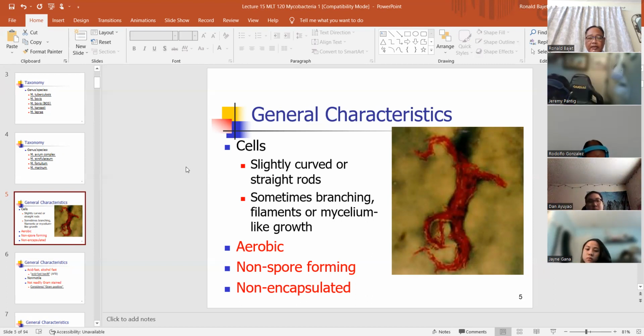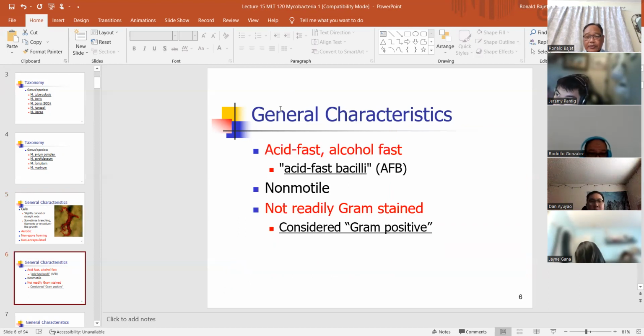So these organisms are slightly curved or straight rods, sometimes branching filaments or mycelium-like growth. They're aerobic, and they don't form spores, and they don't have capsules. So acid-fast means that it's able to take up the stain, even with high concentration of acid in the stain.